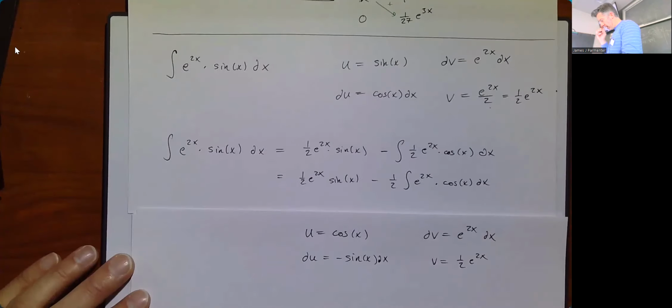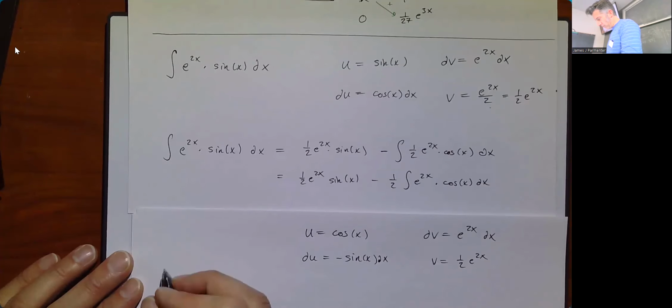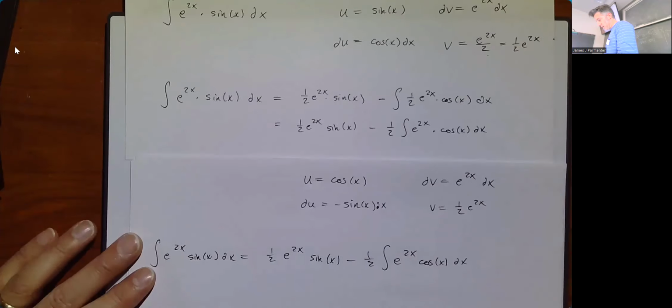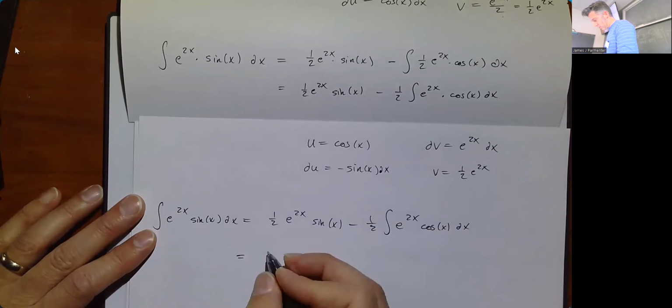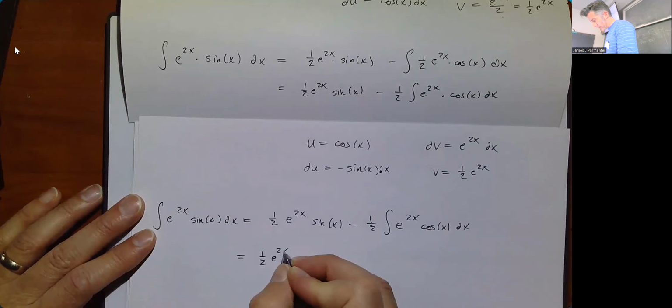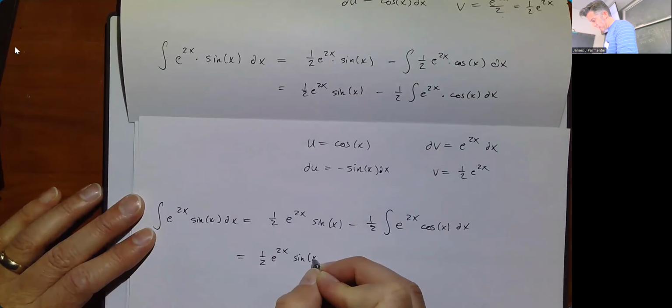So now here's what we've got. I'm gonna write the whole thing out. The integral of e to the 2x sine of x is equal to 1/2 e to the 2x sine of x minus 1/2 times the integral of e to the 2x times cosine of x dx. I'm just writing the same thing I wrote before. And now I'm going to rewrite this as 1/2 e to the 2x sine of x minus 1/2.